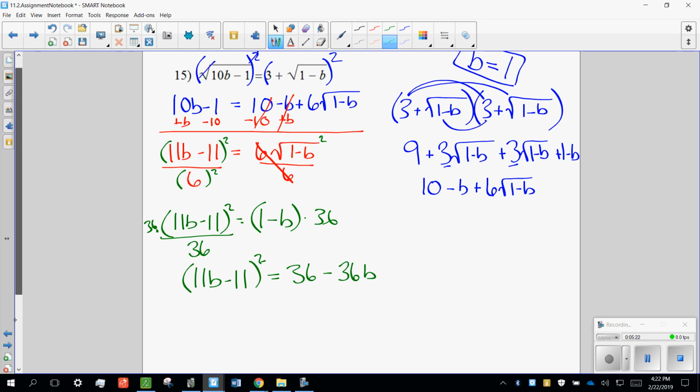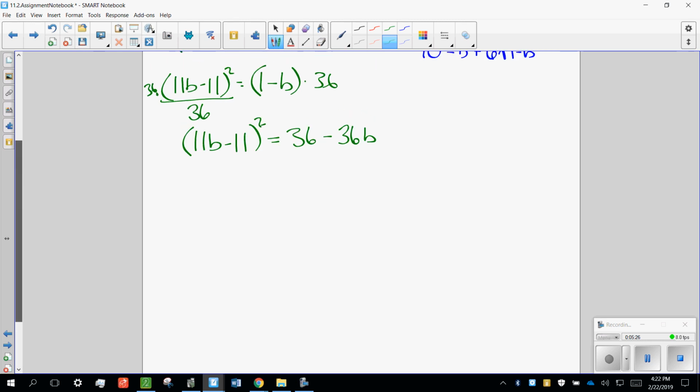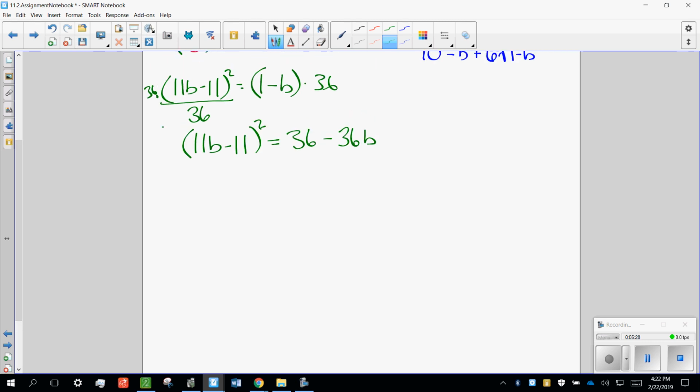Now that we're getting warmed up, let's multiply this out over here. So we have 11b squared. 11 times 11 is 121, and b times b is b squared. Alright, so when we multiply this out, just remember we have 11b minus 11 times 11b minus 11.